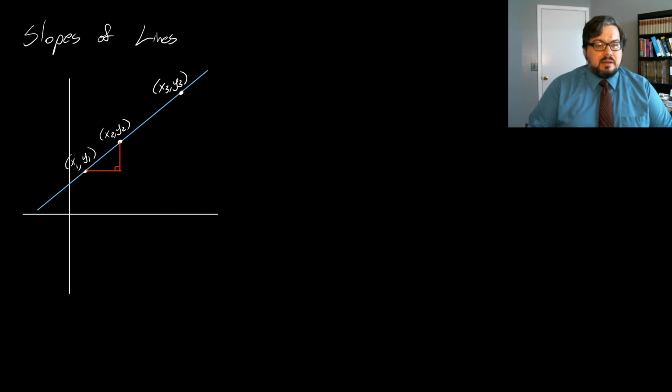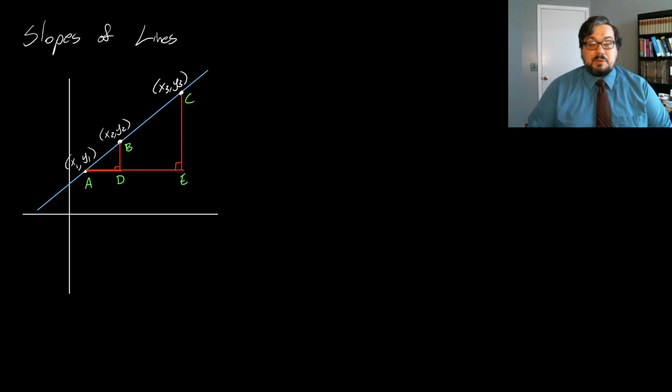And I also want to draw another triangle that goes from the point x1, y1 up to the point x3, y3. Now let me give these points some names so that I can talk about them more specifically. So A, B, C, let me call this point D, let me call this point E.